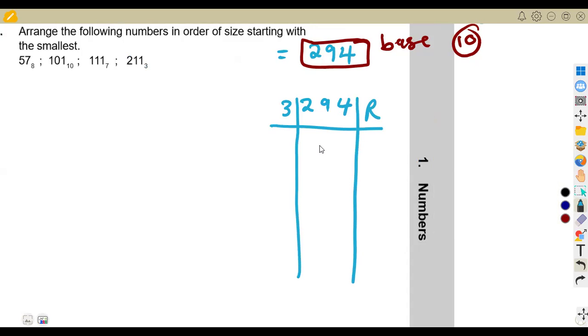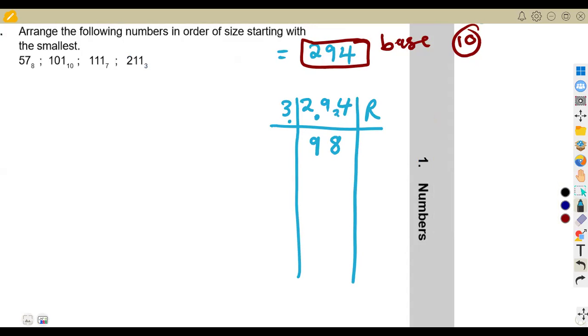So dividing by 3, what are we going to have? That's 29 divided by 3. Into 27, we've got 9 times into 27. Remainder 2. 24 divided by 3 is going to be 8.